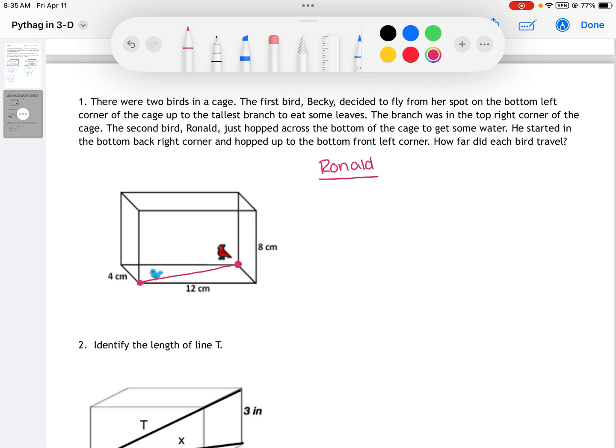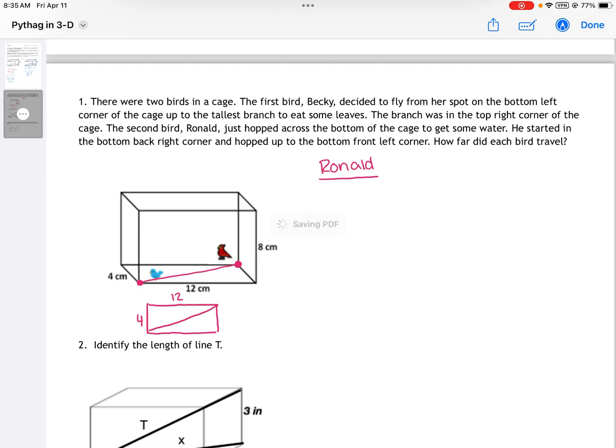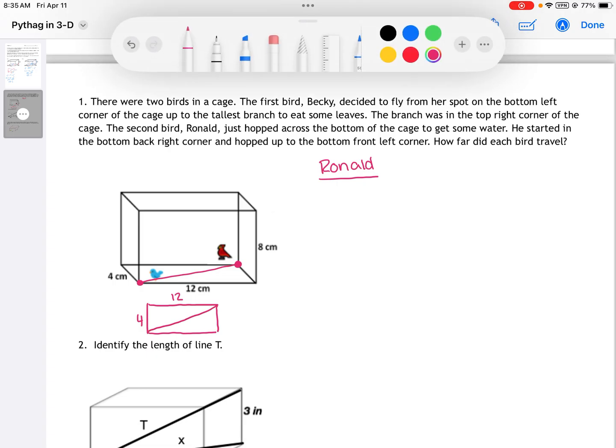Okay, so again, if we're looking down into our cage, the bottom of our cage is going to look like this rectangle here. So this is 12, this is 4, and Ronald's hopping across like that. So we have our right triangle, and we're able to use Pythagorean theorem to find the distance.